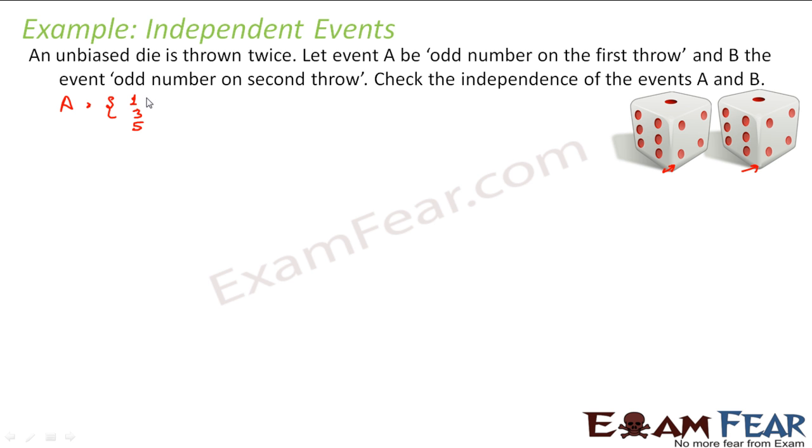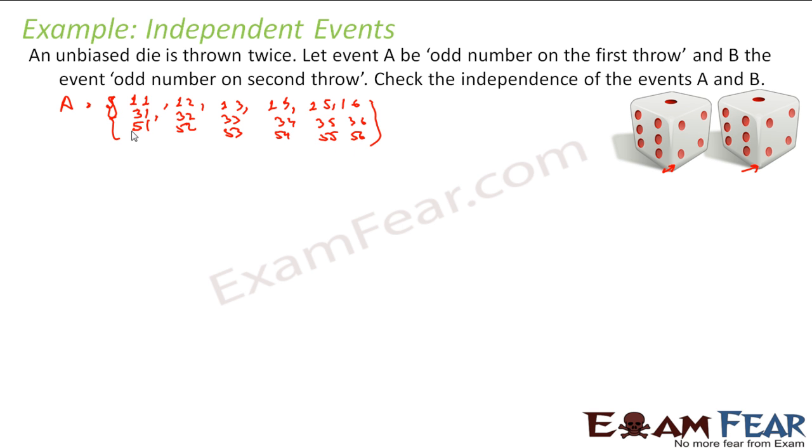So it will be 1 1, 1 2, 1 3, 1 4, 1 5, 1 6. Similarly 3 1, 3 2, 3 3, 3 4, 3 5, 3 6, and 5 1, 5 2, 5 3, 5 4, 5 5, 5 6.